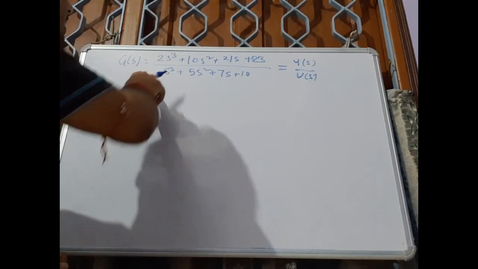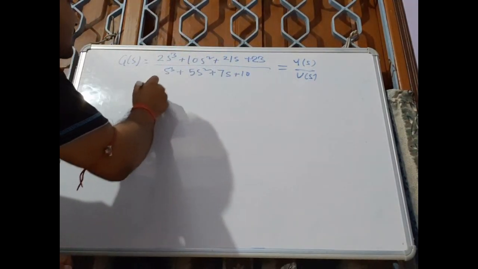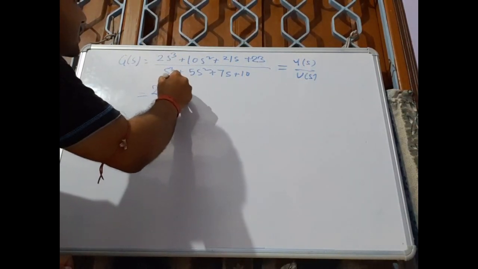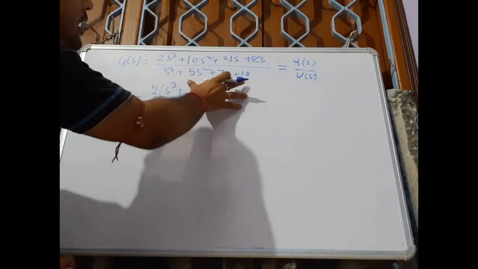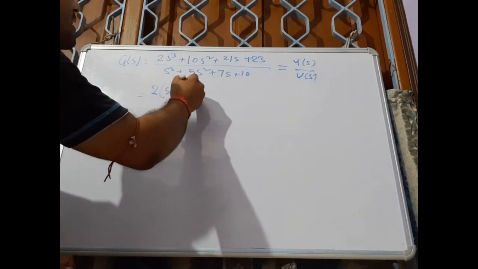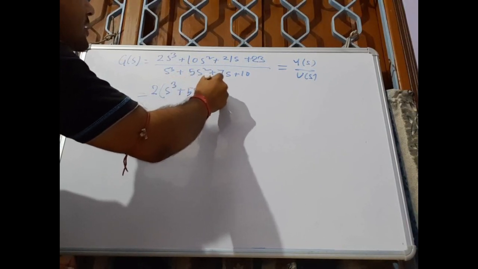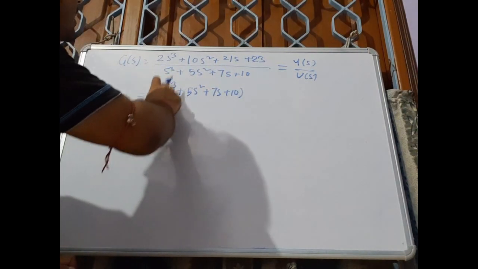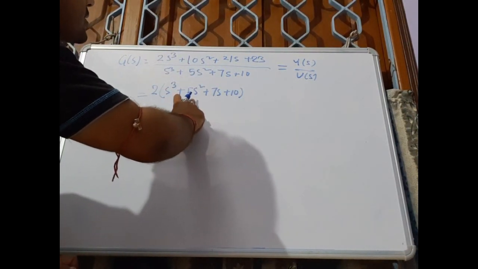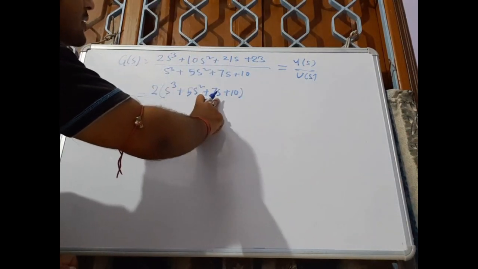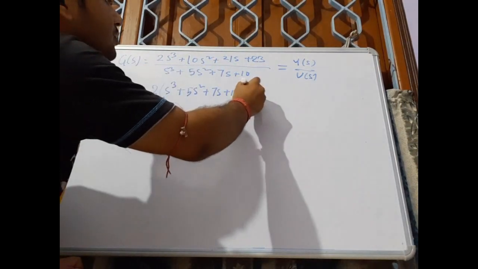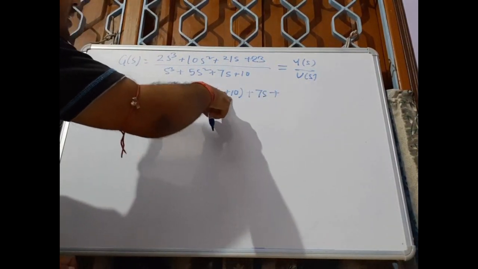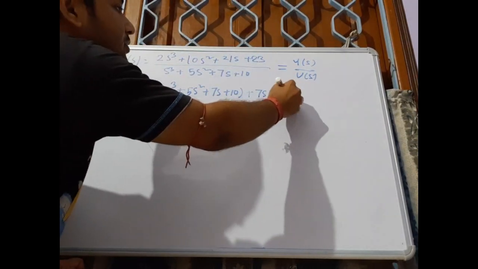Now this transfer function can be written as, if I take two common, we have s cube plus, I will just write the denominator part here, 5s square plus 7s plus 10. What we have remaining: 2s cube done, 10s square done, 14s, and here is 21s, so remaining 7s will be there, plus 20, here 23, so this will be 3.